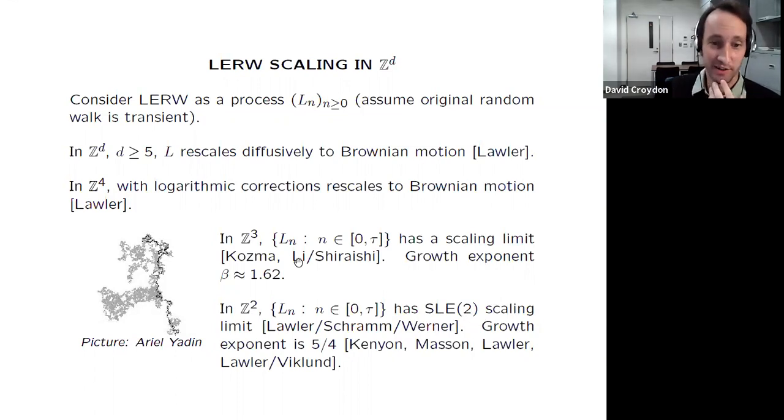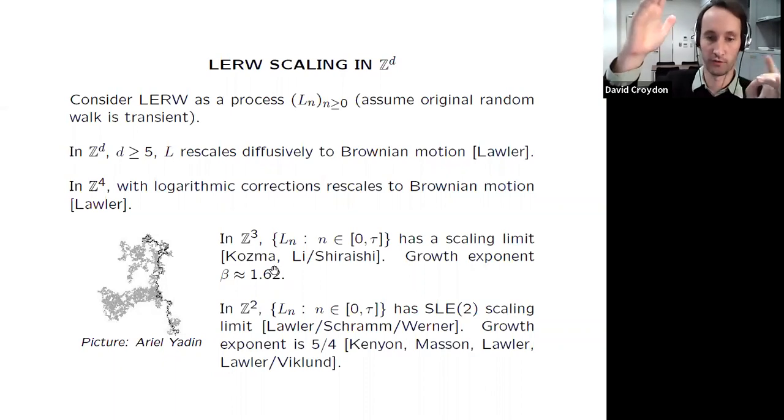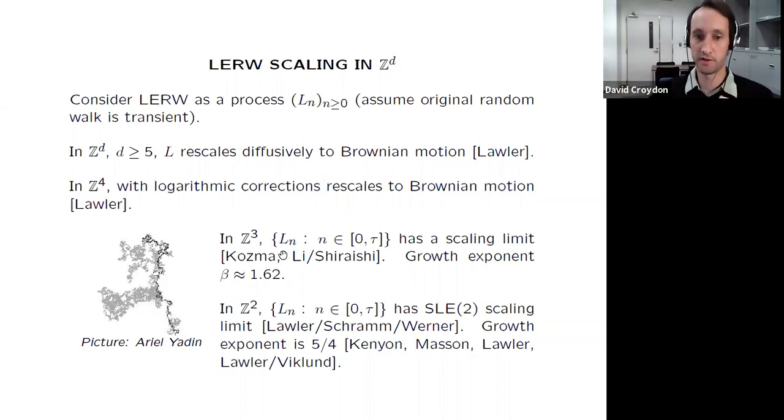But what is known is that we can rescale the discrete paths in the sense that we described. The first result in this area goes back to Kozma, maybe 15 years ago or so. He showed, in the sense of compact sets, so just the shape of the path, that if we start a loop-erased random walk from the origin and run it to the box of size n, then we can understand the scaling limit of this curve.